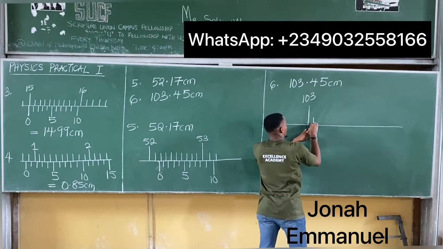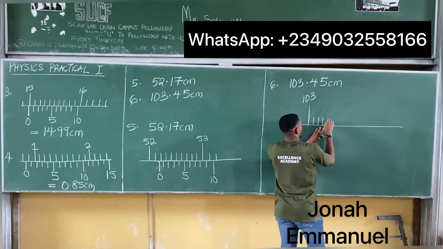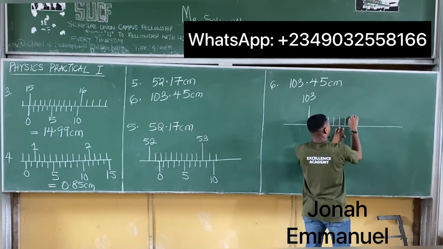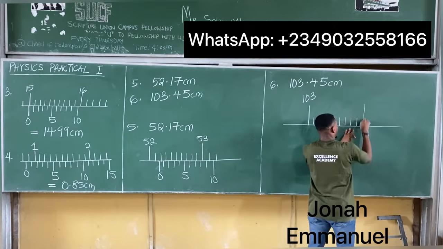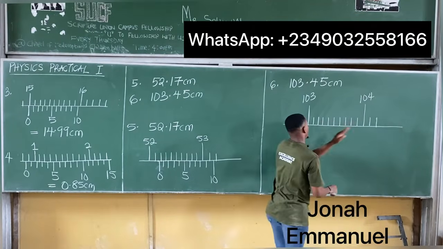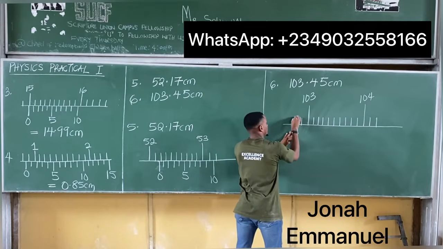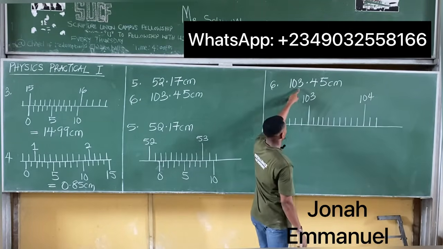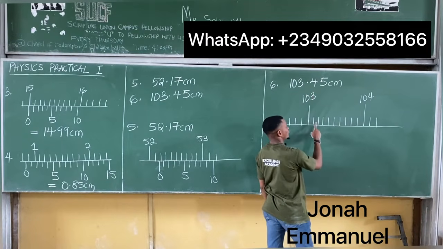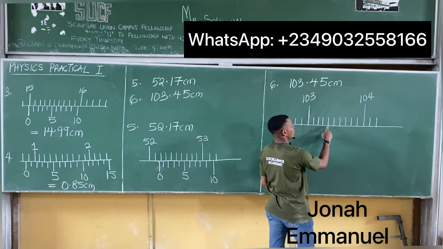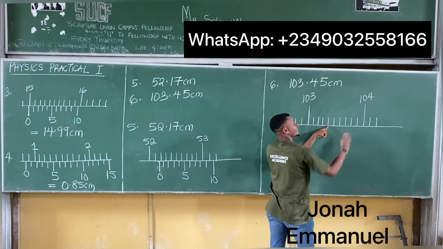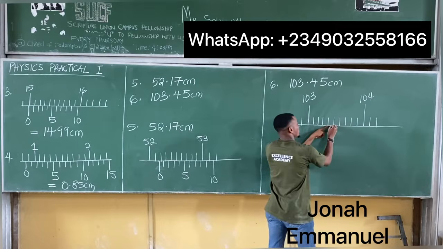So I have 0.1, 0.2, 0.3, 0.4, 0.5, 0.6, 0.7, 0.8, 0.9, 104. 103.1, 0.2, 0.3, 0.4. 0.45 will be at the center of 4 and 5. So the center of 4 and 5 becomes here.